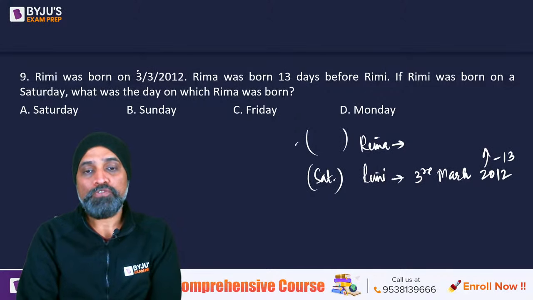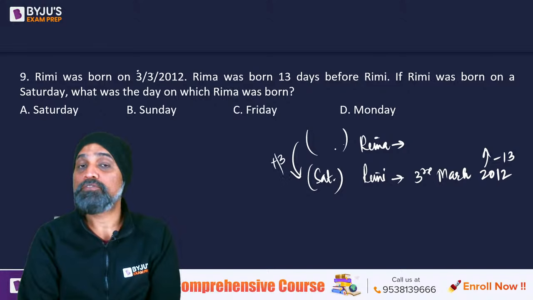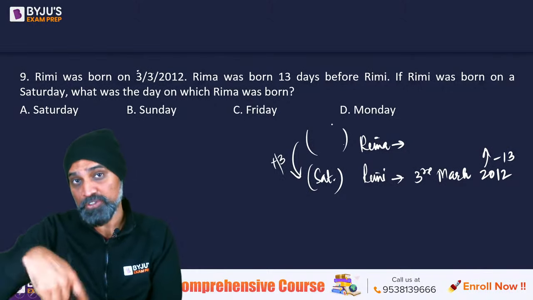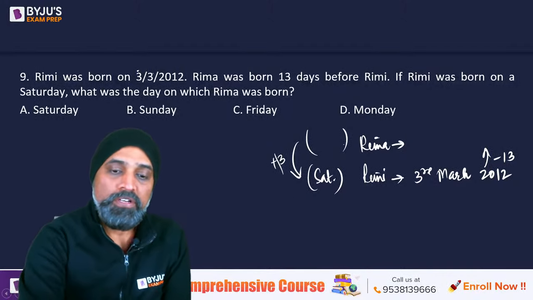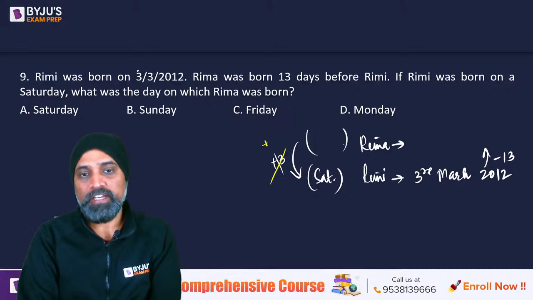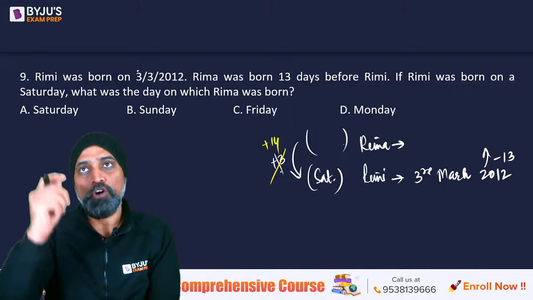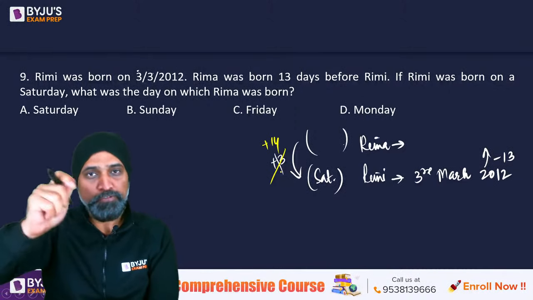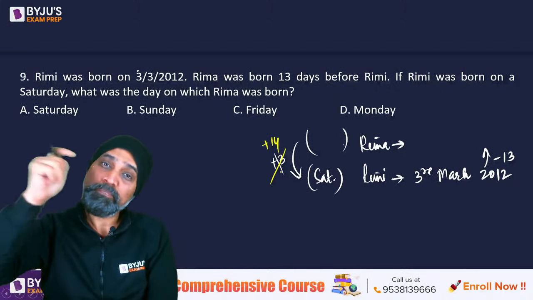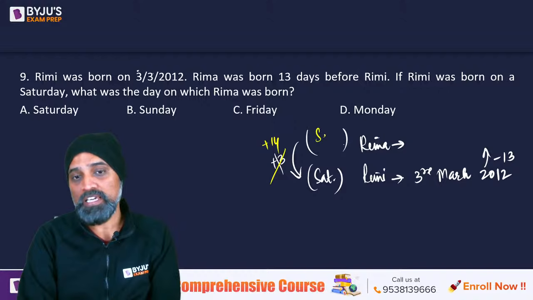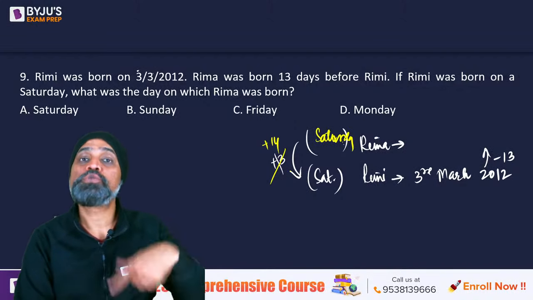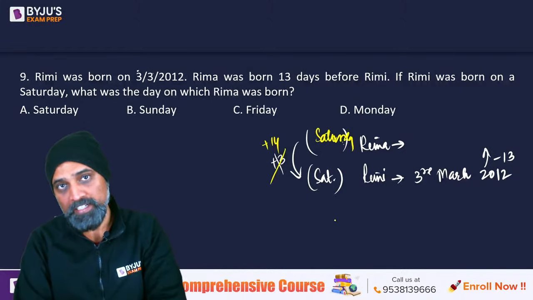If we go vice versa, this is going to be a day wherein if you add 13, you end up at Saturday. Now suppose this was not 13 but 14. From a particular day, if you add 14 days, you end up on the same day. So if this was 14, it would be Saturday, since 14 days means 2 weeks more, back to Saturday.